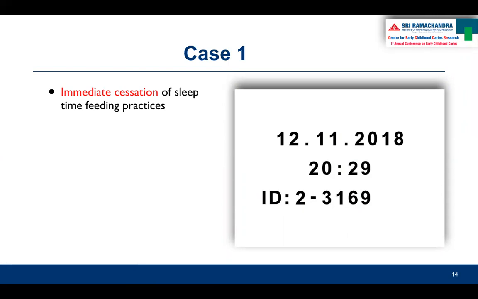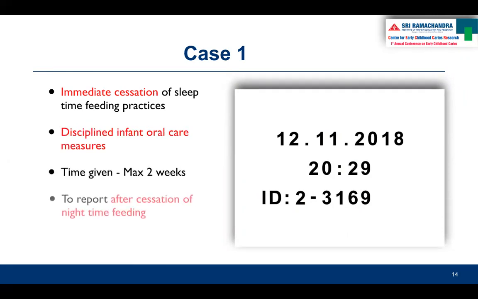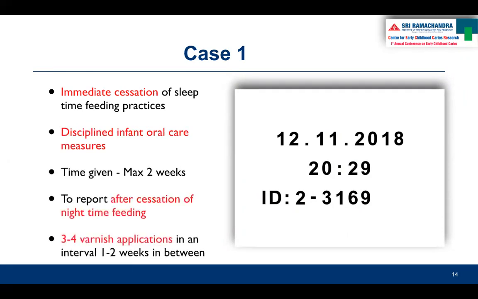So when the child goes to bed, he has a clean mouth, and when the child wakes up, he still has a clean mouth. Again, we advise disciplined infant oral healthcare measures. And again, 3 to 4 varnish applications at an interval of 1 to 2 weeks in between were applied.